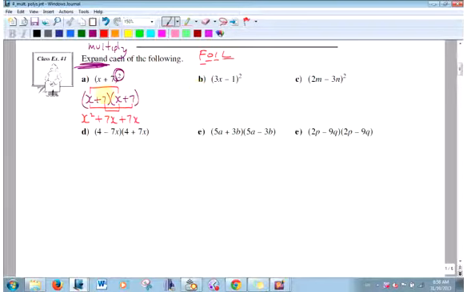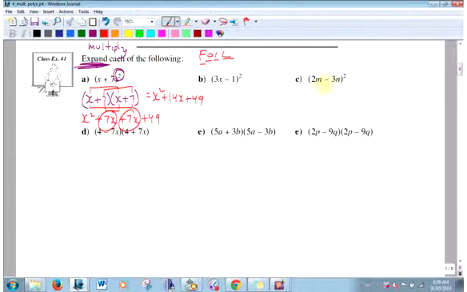And last, 7 times 7 is 49. And then it doesn't say simplify, but you should. Is there some like terms I can add together? Yeah, that's x squared, 7x and 7x, I got 14x, plus 49.